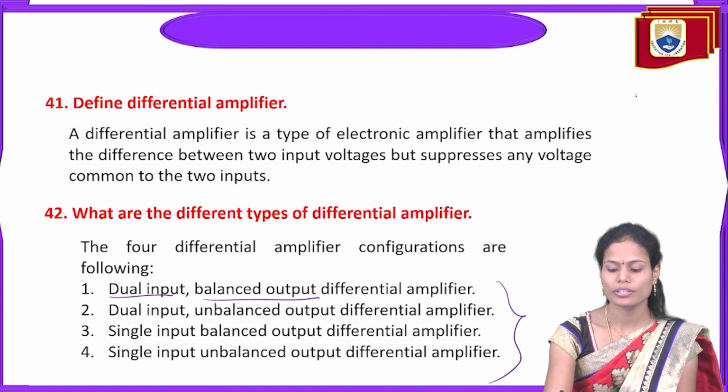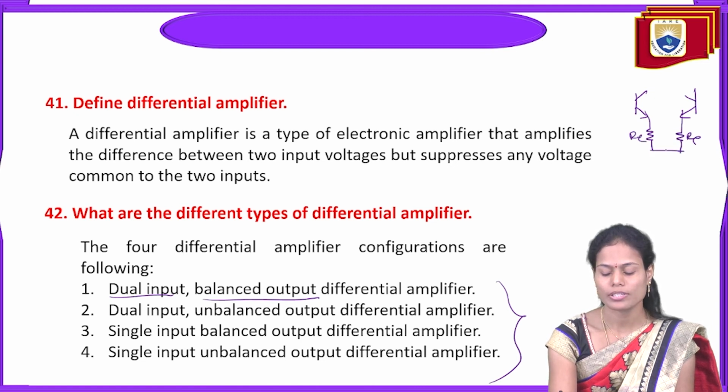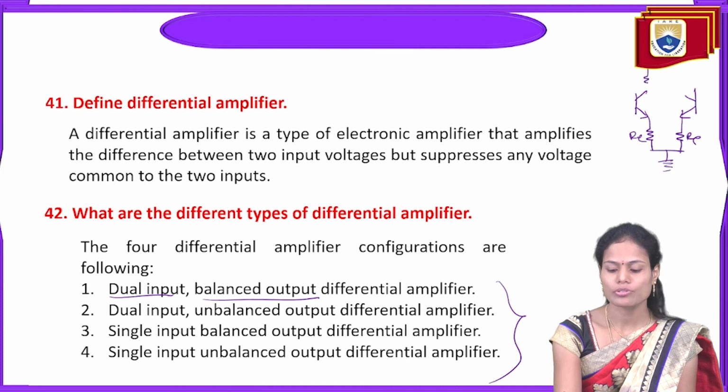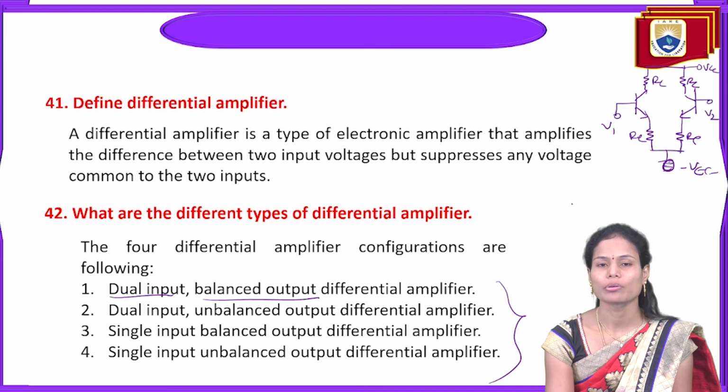In this differential amplifier, we have two similar transistors with identical characteristics, having the same emitter resistances, and the collector resistances are also the same, and we provide the common supply, here minus VE, and we provide V1 and V2, two input signals for the two transistors.